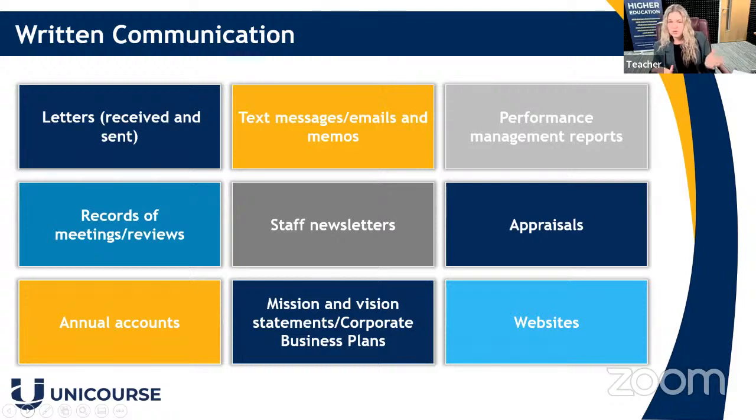It's important as well, when we're talking about where they go with this written communication, to consider the level of confidentiality for each of these different forms of communication and written documents. Think about the confidentiality, who can access them, and data protection as well.